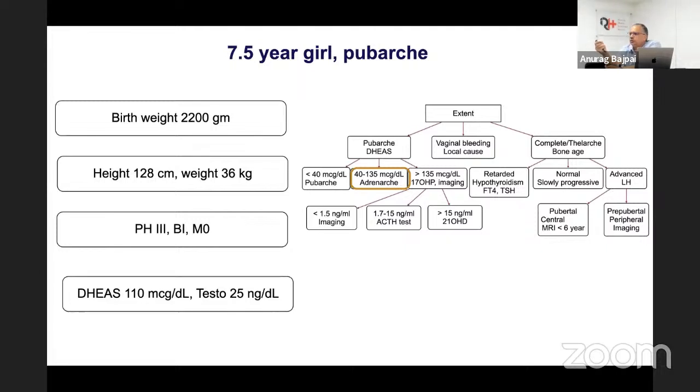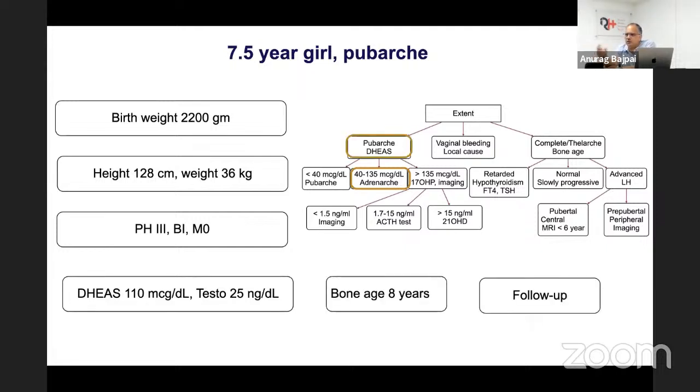Yes. We should look for, because she would probably be in the overweight or obese category, we should get the blood sugars, SGPT, lipid profile. And if there is evidence of insulin resistance, we may think of metformin as a possibility. Bone age is not that advanced. So this is a classical case of adenarche.